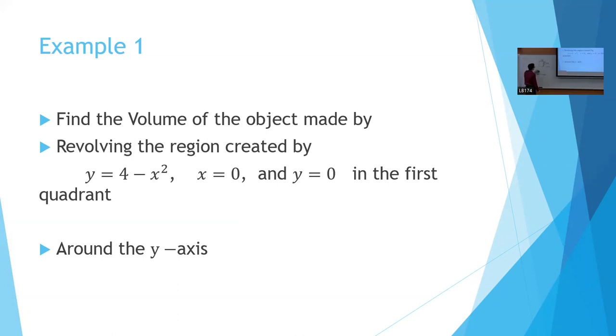Okay, so let's do an example of how this could work. So we want to find the volume using the shell method of the region created by y equals 4 minus x squared, x equals 0, and y equals 0 in the first quadrant.